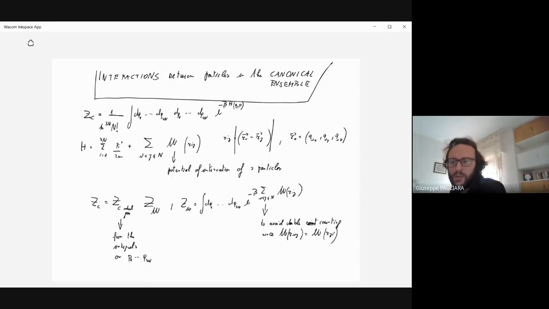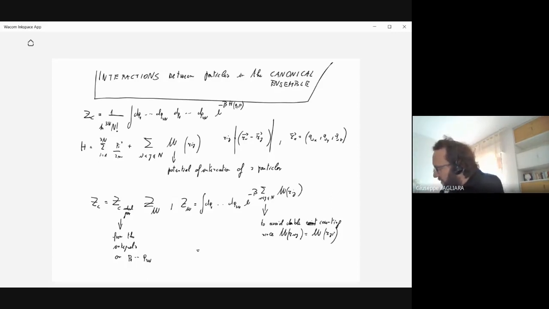What is important is just the mutual distance between the particles. Okay, so in this fashion, i is smaller than j, and j runs from 1 to n. I can be sure that I just consider once the interaction between two pairs of particles, and I do not have a double counting.